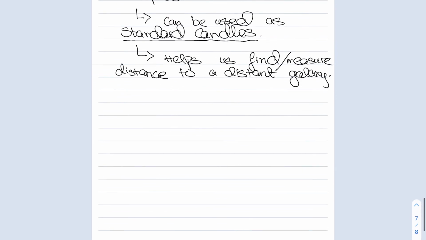At the end I would just like to do one short question. You can fast forward this. The luminosity of a star is given as 6 into 10 raised to power 31 watt.